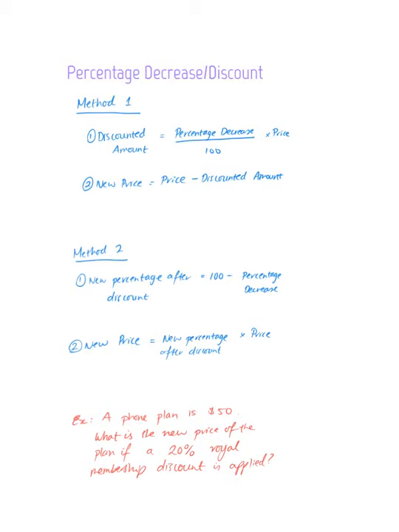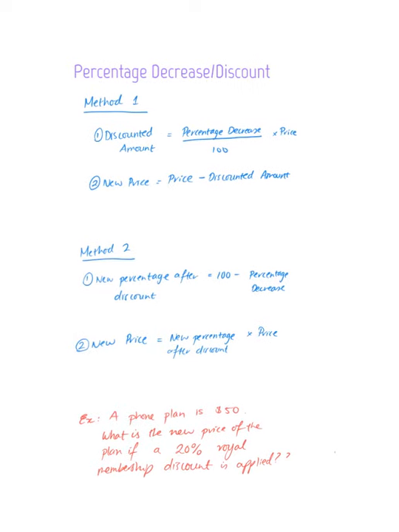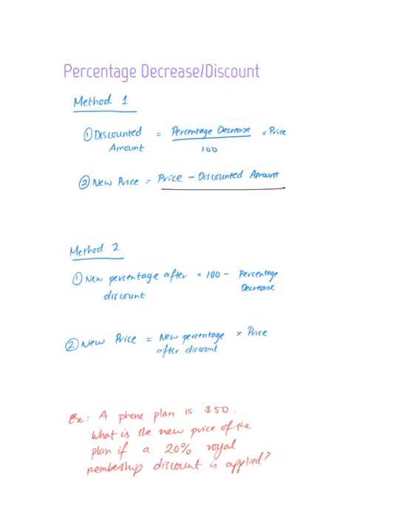Now, the second concept we'll be having a look at today is percentage decrease or discount. And there's two different methods that can be used to approach these questions. Now, the first method involves finding the discount amount by having a look at the percentage decrease over 100 times by price, then deducting this from the original price. Now, the second method involves finding the new percentage after discount.